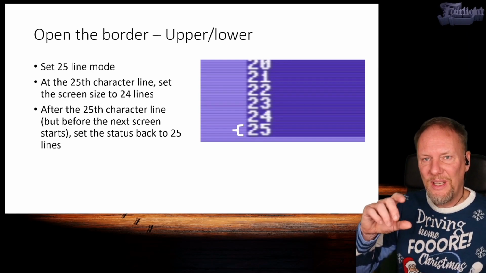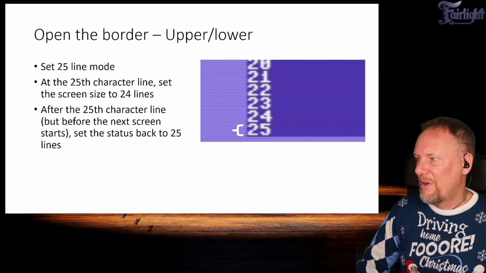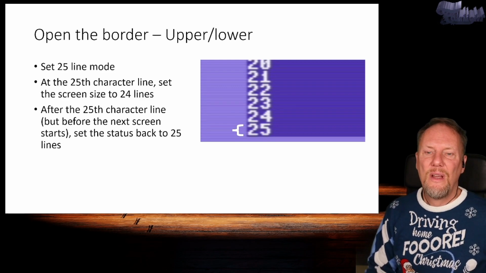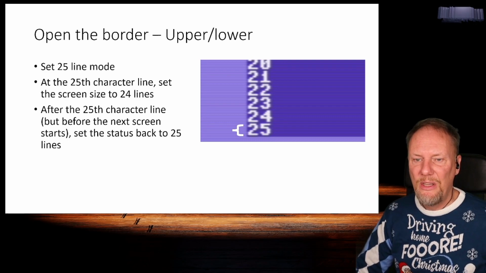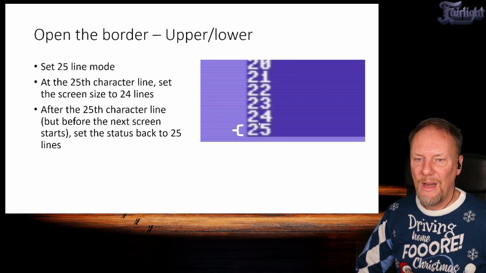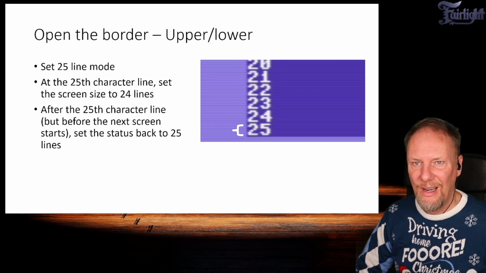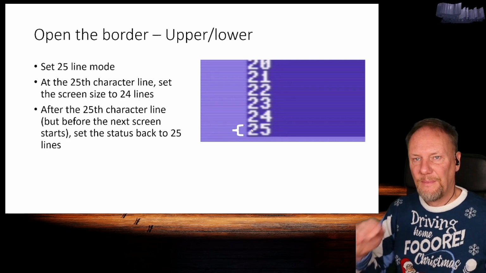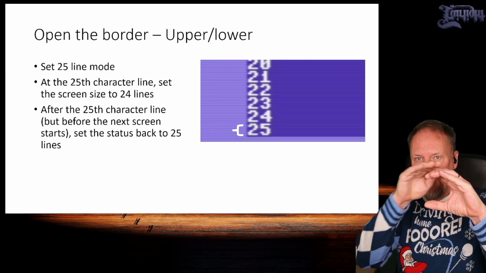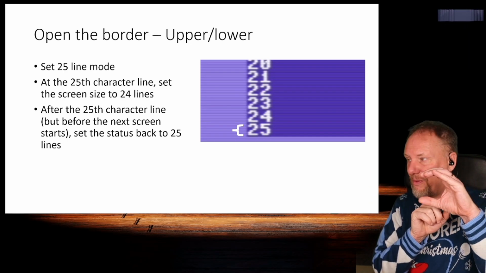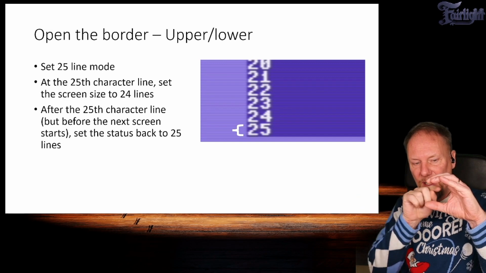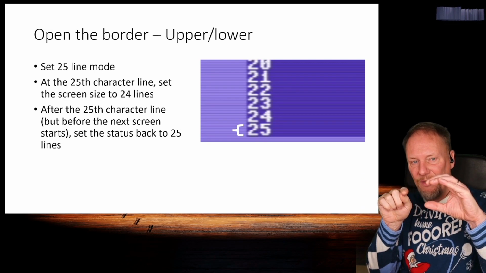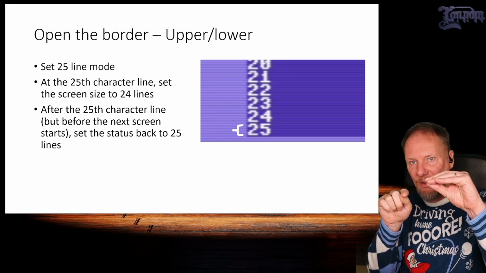So the trick is you set 25 rows as we have here, and the raster is painting, and when it reaches beyond line 24, so into line 25, so this is row 25, raster is painting here, and then you set it to 24 character mode.